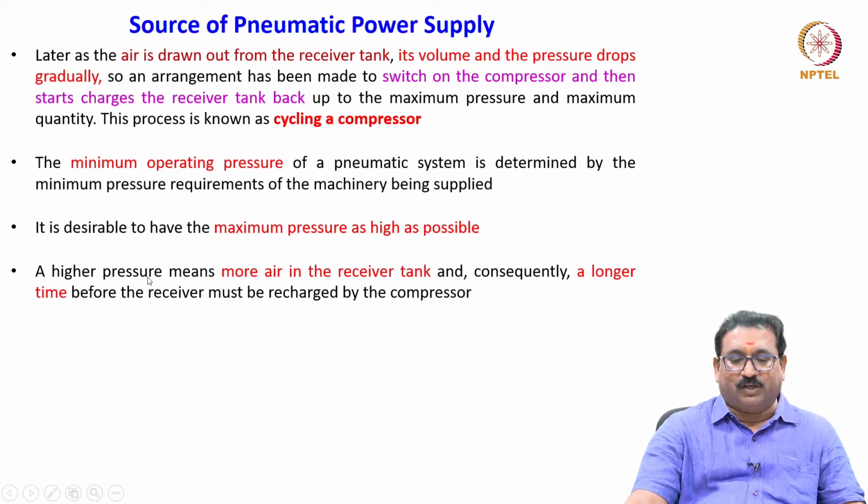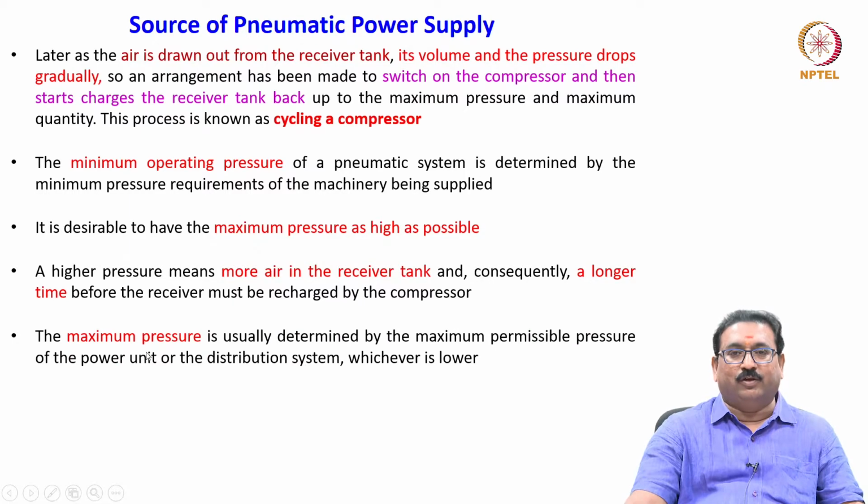A higher pressure means more air in the receiver tank, and consequently a longer time before the receiver must be charged by the compressor. So, the maximum pressure is usually determined by the maximum permissible pressure of the power unit or the distribution system, whichever is lower.